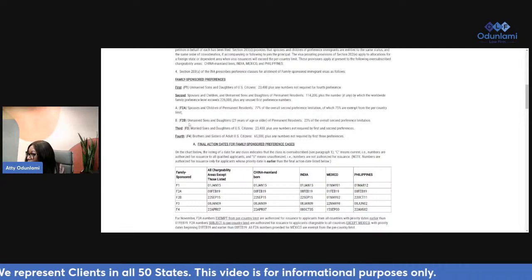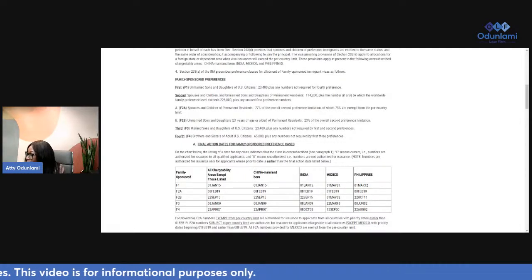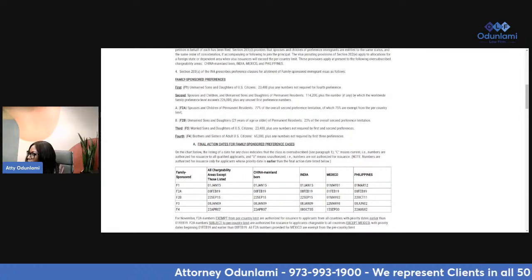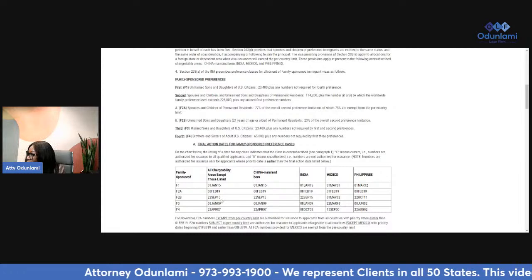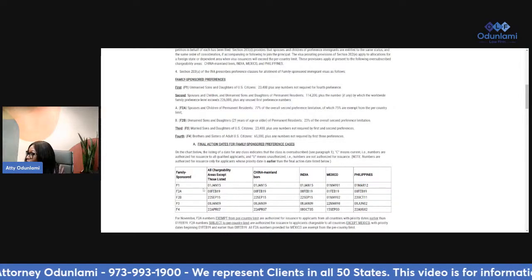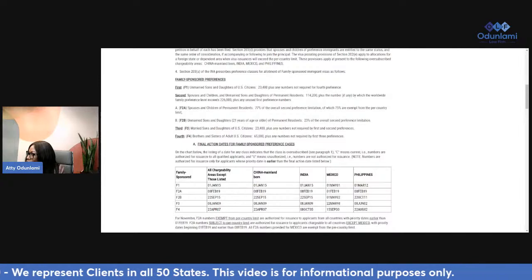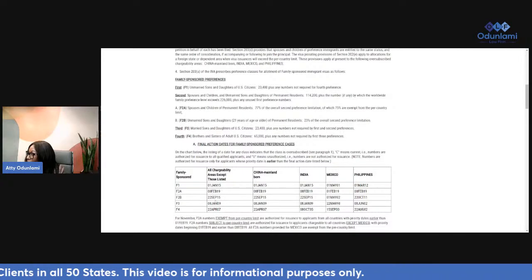So typically, if you're an LPR and you become a citizen, you want to look at this. F2B, they're working on cases from September 22nd, 2015, right? And under F1, they're working on cases from January 1st, 2015. So clearly F2B is faster.